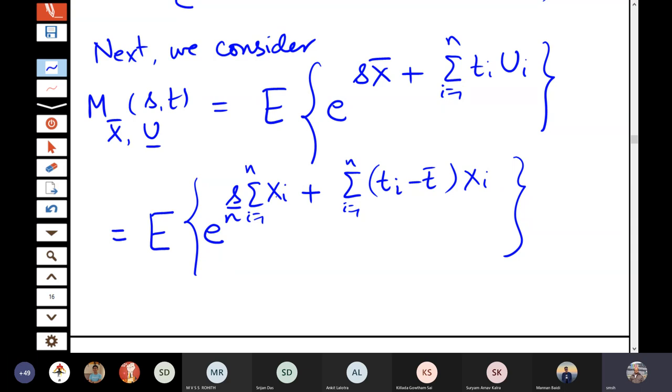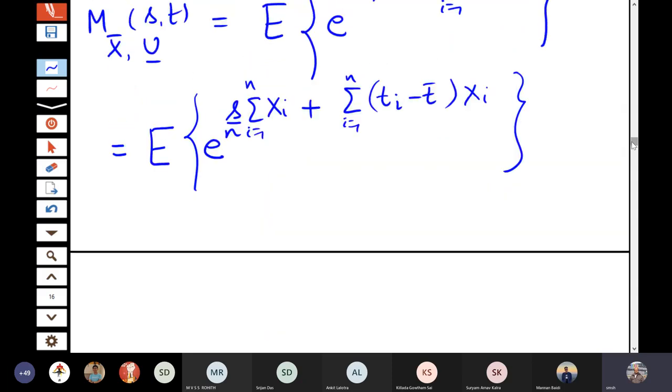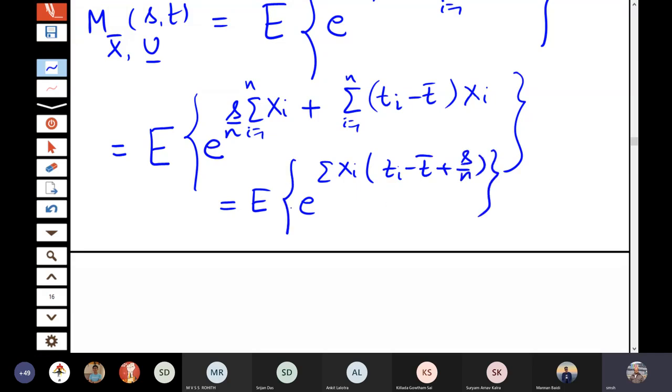So this first term in the exponent and the second term in the exponent, I can take xi common. So I will get the expectation of e to the power sigma xi (ti minus t bar plus s by n). Okay.